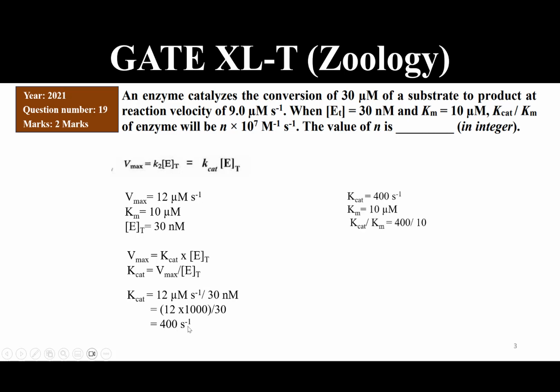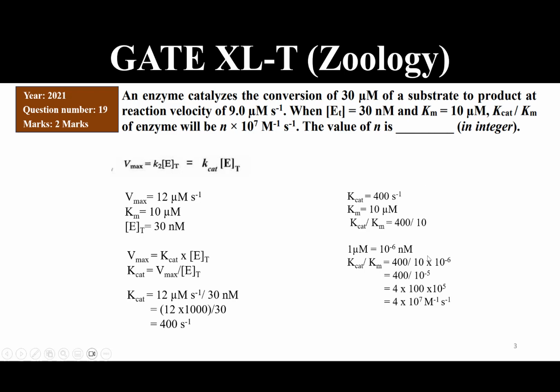Now Kcat by Km, that value is also provided to us, however in terms of an unknown variable n. So if we solve it on our behalf, where we have the Km value already given to us and the Kcat we have just solved using the Vmax that we found in the previous slide. So if we substitute Kcat by Km as 400 per second by 10 micromole, and then we try to bring the units into mole, we can convert it using 1 micromole is equal to 10 to the power minus 6 mole.